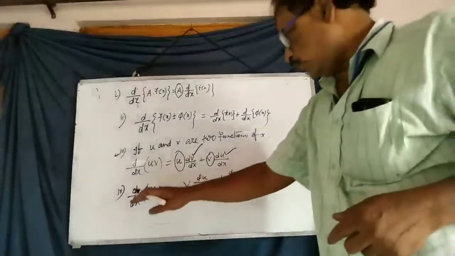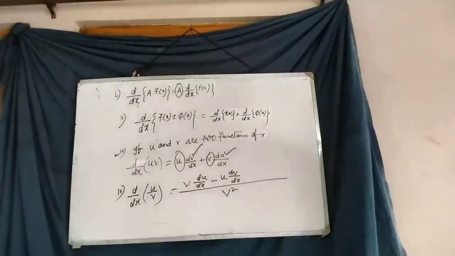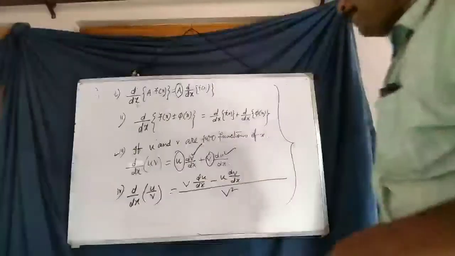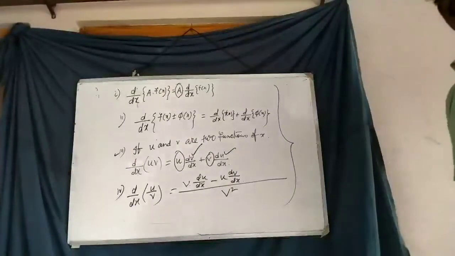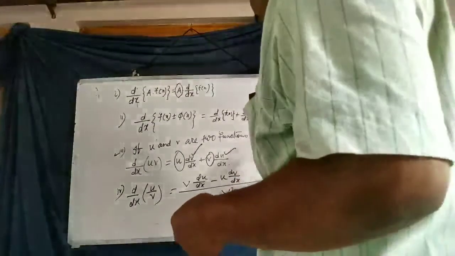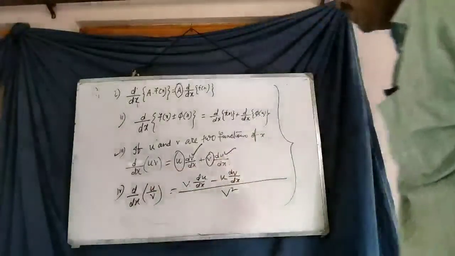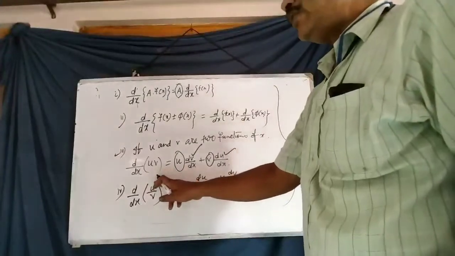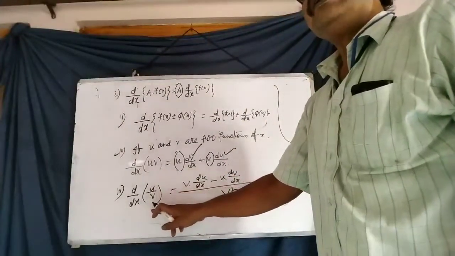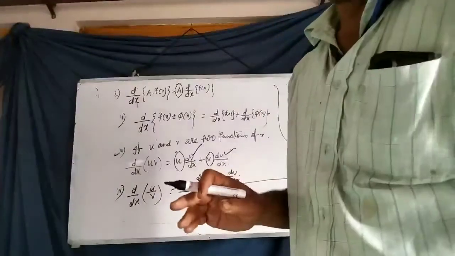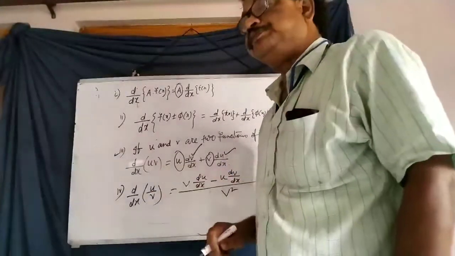Therefore, this rule u by v, we will be applying to the problems to understand the 4 rules or 4 theorems. d/dx of u by v means, again I am telling you, first function divided by second function. Here the first function plays the role of numerator and the second function plays the role of denominator.